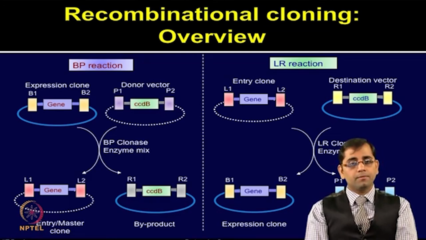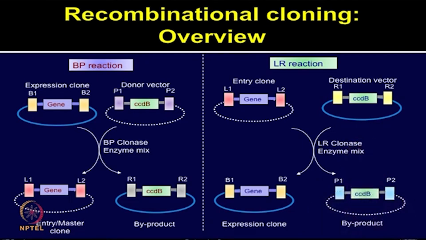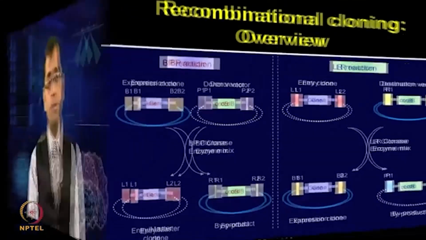methods. BP reaction, which is catalyzed by BP clonase enzyme, facilitates recombination of attB site and attP substrate. The attB is obtained from PCR product or attB containing the expression clones, and this reaction with the attP substrate, which requires the master vector, can create attL containing master clones.